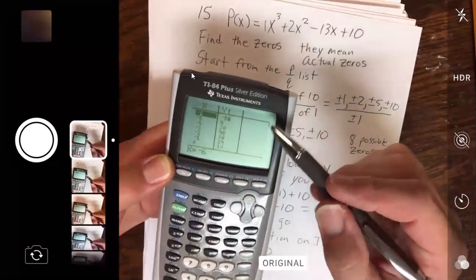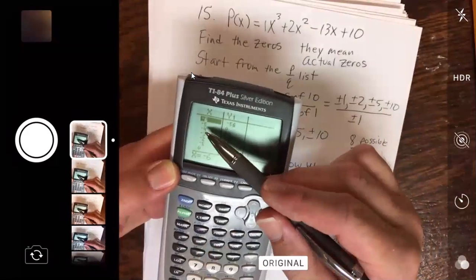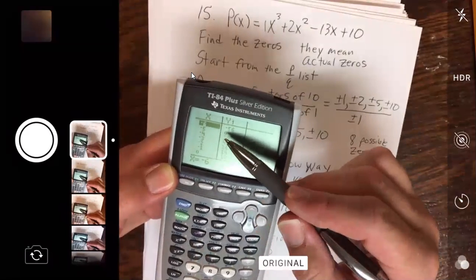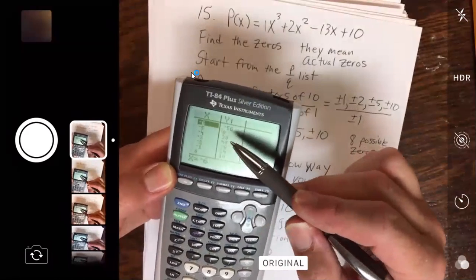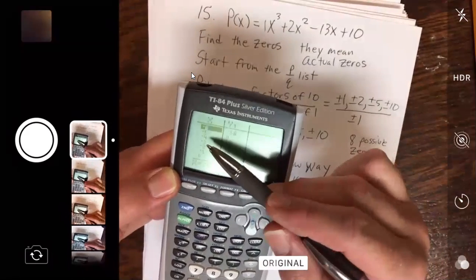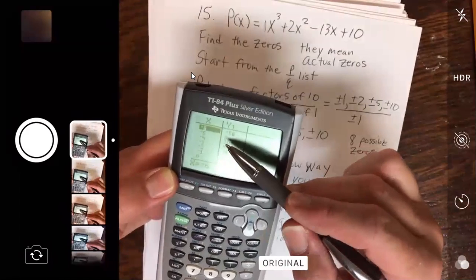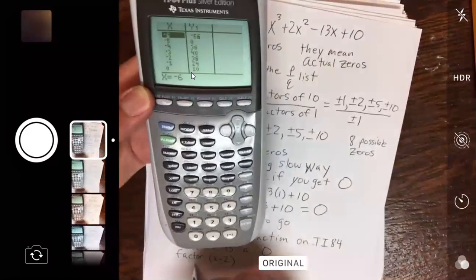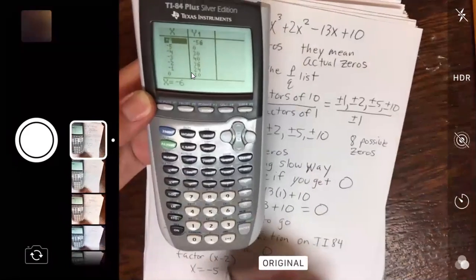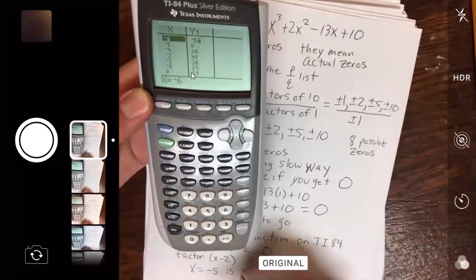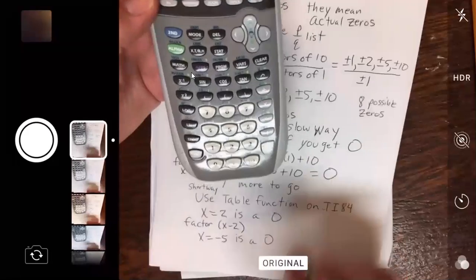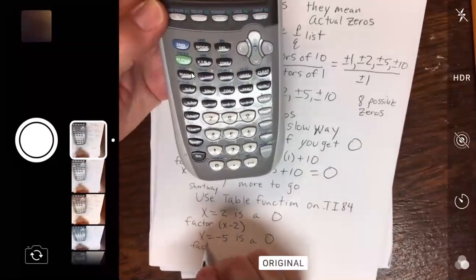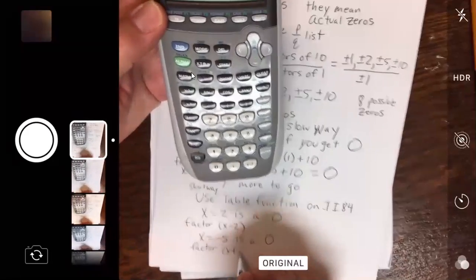We hit one at -5. If -5 is a 0, x equals -5 is a 0. Its factor is x plus 5.